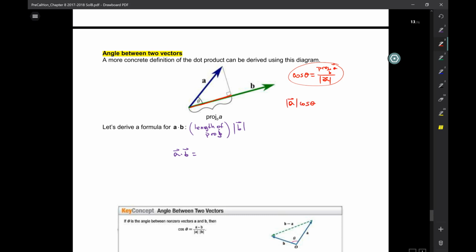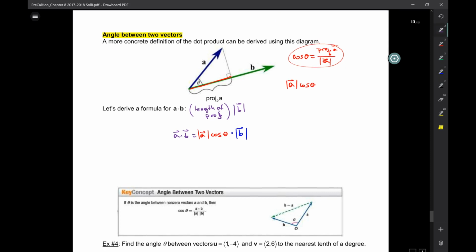So it's the length of the projection, which is A cosine theta, times the magnitude of B. That means A dot B is equal to, if you just write it neater, A times B cosine of theta.